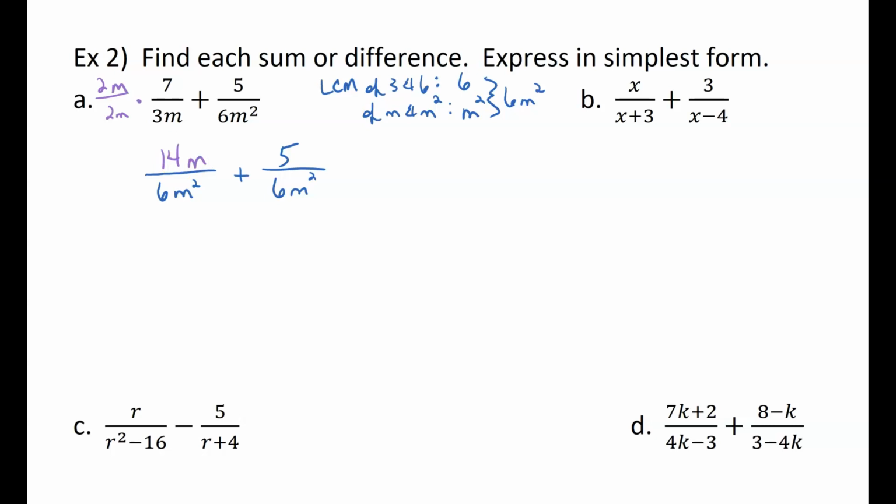Now my denominators are the same, so I can add across: 14m plus 5 all over 6m squared. Is there anything I can do to simplify? No. Nothing factors out, so that is our final answer. The m is still in the denominator, so I can already tell the one number m can't be equal to is 0, so I don't need to state anything about it.